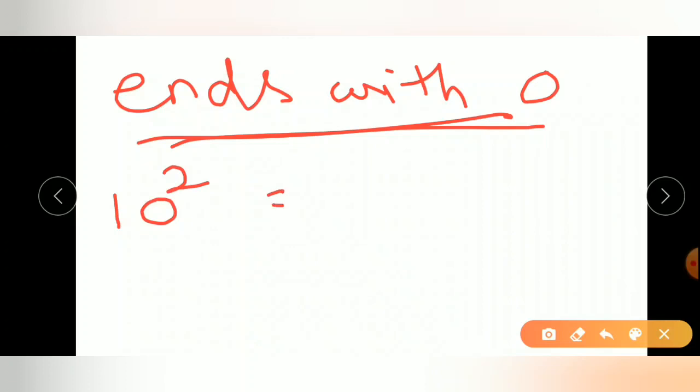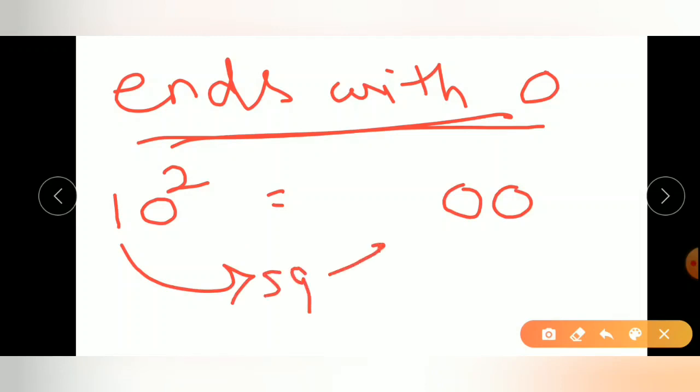If the number of zeros on the right-hand side is 1, then we put 2 zeros, and then the square of the remaining number. Very easy. You have to determine the number of zeros in the number.